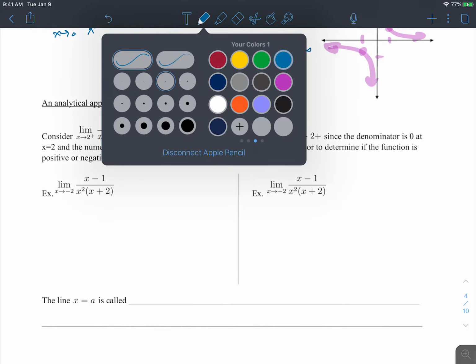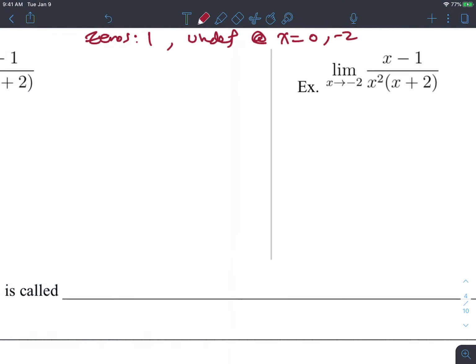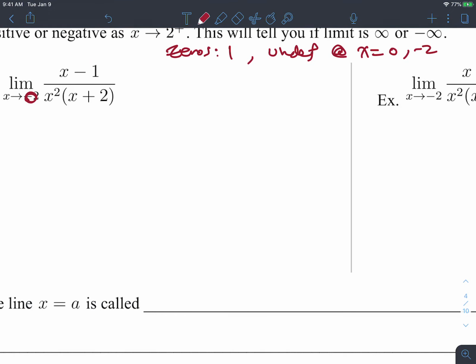This should be 0. Okay, my apologies, guys. So let's just graph it out, see what happens. We could just estimate the graph. So we know that the zero of this graph is just 1, and undefined values at x equal to 0 or -2.